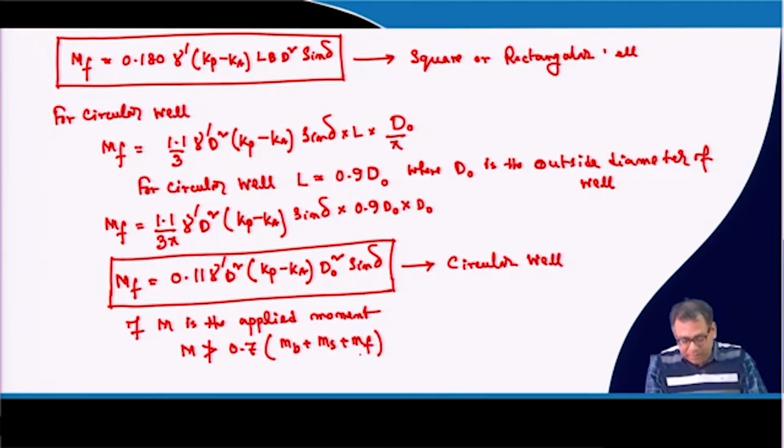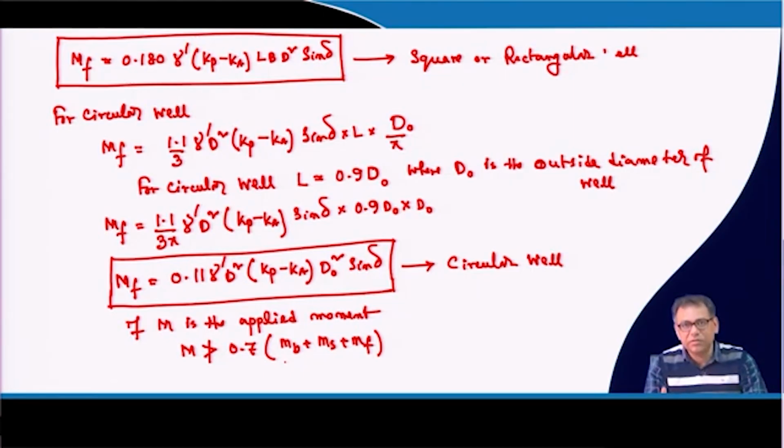These are the resisting moments. And 0.7 is the reduction factor in the strength, so some factor of safety is applied. We have reduced the resisting moment to give some factor of safety.